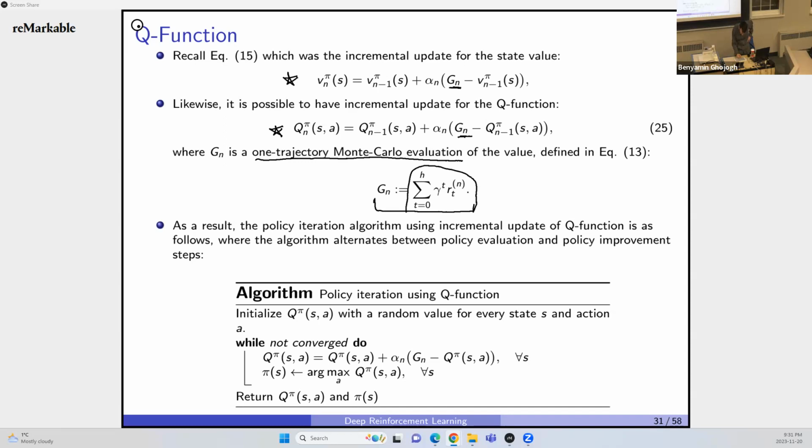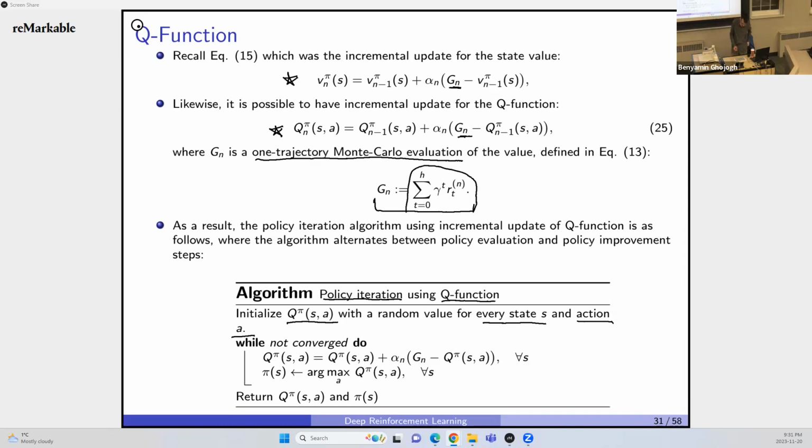Anyways, we can have policy iteration. Do you remember we had policy iteration for value V? Now we can have policy iteration for Q function. You see that? So again, initialize the Q function with a random value for every state S and action A. Let it be random initially and you update it to become optimal.